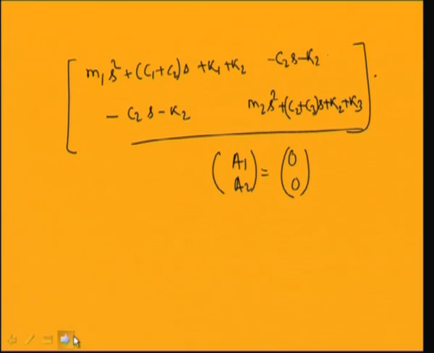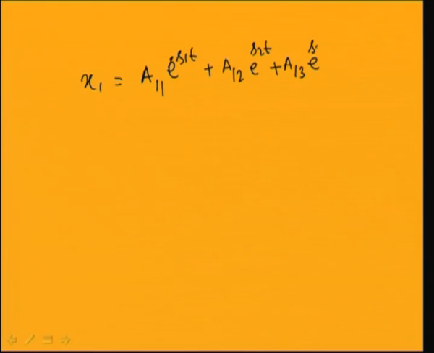Using those 4 roots you can find 4 frequencies, and using those you can write the solution of the system. You can write x1 equal to a11 e to the power s1t plus a12 e to the power s2t plus a13 e to the power s3t plus a14 e to the power s4t.